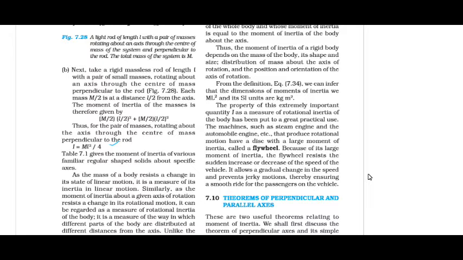Thus, the moment of inertia of a rigid body depends upon the mass of the body, its shape and size, distribution of mass about the axis of rotation, and position and orientation of the axis of rotation. From the definition, equation 7.34, we infer that the dimension of moment of inertia is ML square and the SI unit is kg meter square.